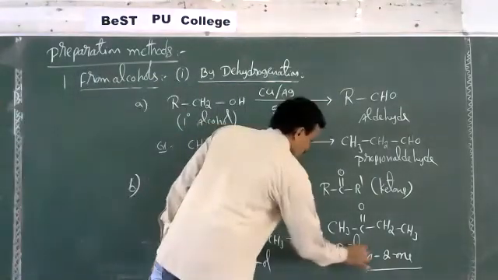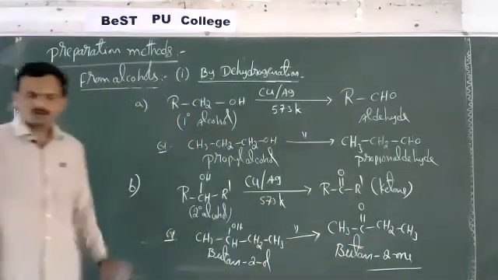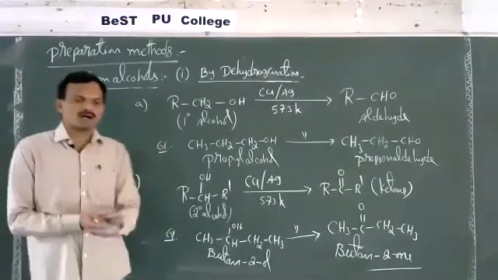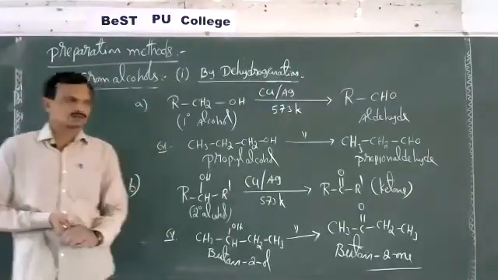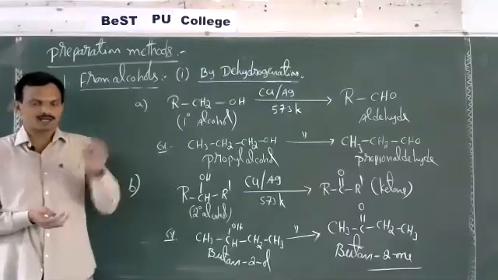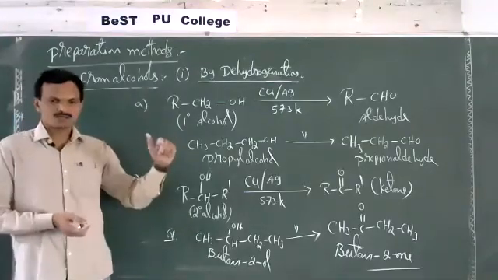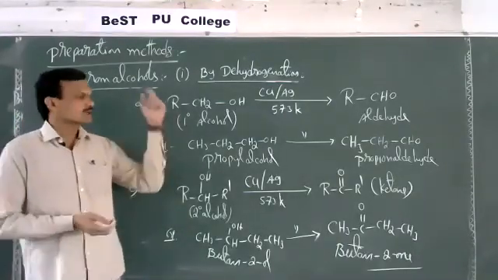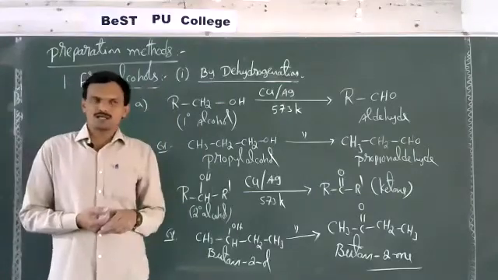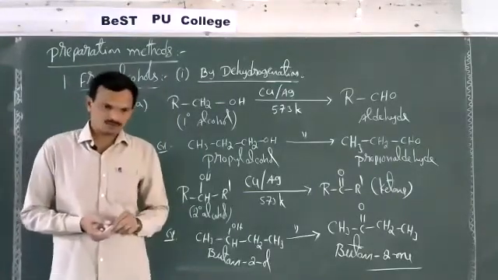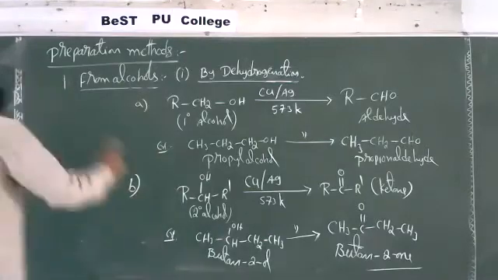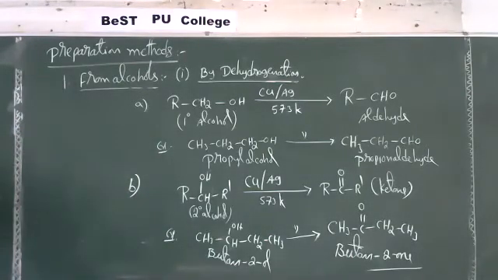Butan-2-one or 2-butanone. So this is the preparation of aldehydes and ketones from alcohols by two methods, one by oxidation, another by dehydrogenation. Regarding this preparation method, we have already studied in the chemical properties of alcohols, oxidation of alcohols and dehydrogenation of alcohols.